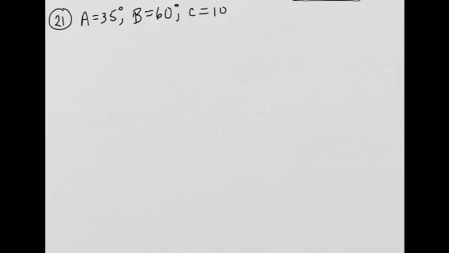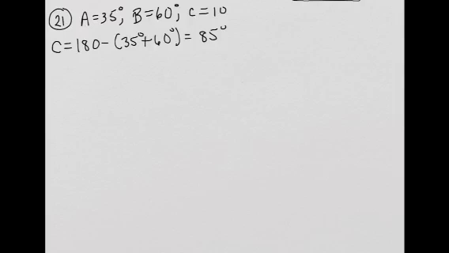So right here, it looks like we don't have opposites because they gave you angle A, angle B, and side C. But you actually do have opposites because you know that angle C is 180 minus the sum of 35 and 60, right? So that's going to give you 85.